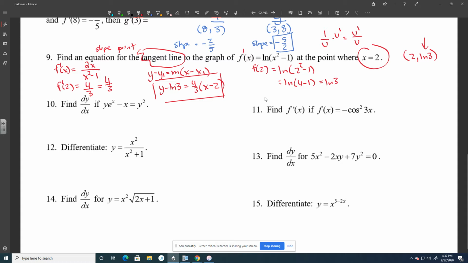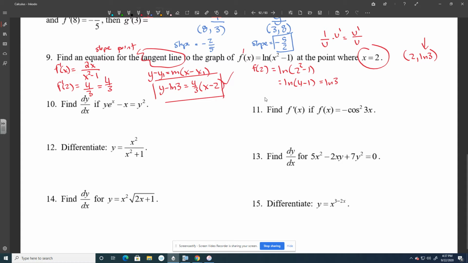So again, if this was the free response, that would be your final answer right there. If it was multiple choice, they might add the natural log to the other side. They might distribute the 4/3 and add the natural log. There's different ways that they could simplify this. As long as you recognize that it's the same as this answer, you'll be okay.